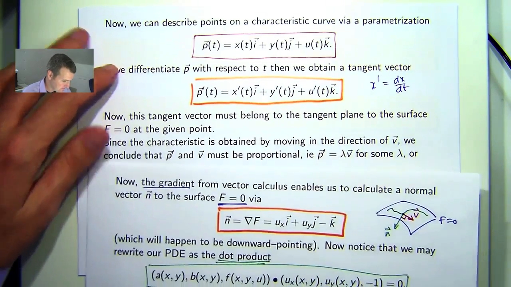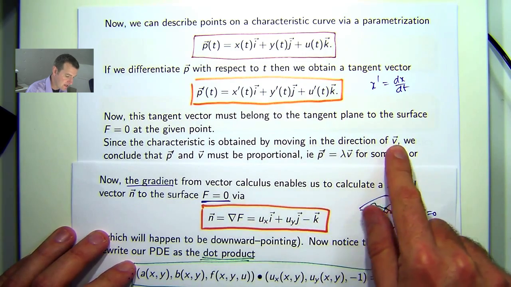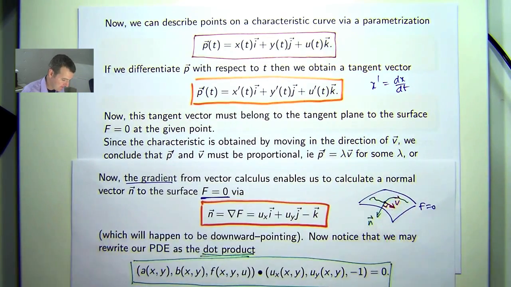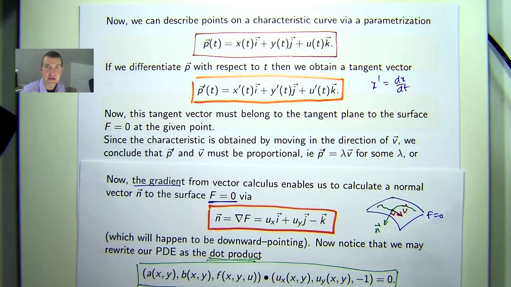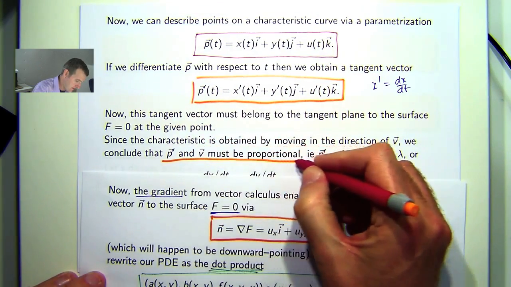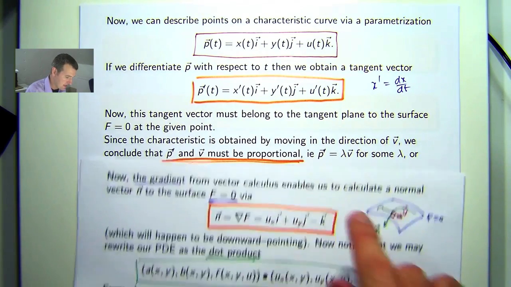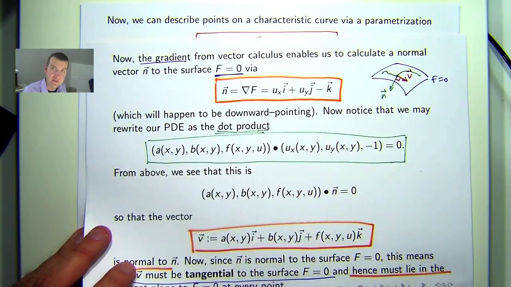Now, since the characteristic is obtained by moving in the direction of the vector v, we conclude that this tangent vector and this vector v, which remember was defined down there, must be a multiple of each other, must be proportional. And that's really key to setting up the equations that we're going to use.